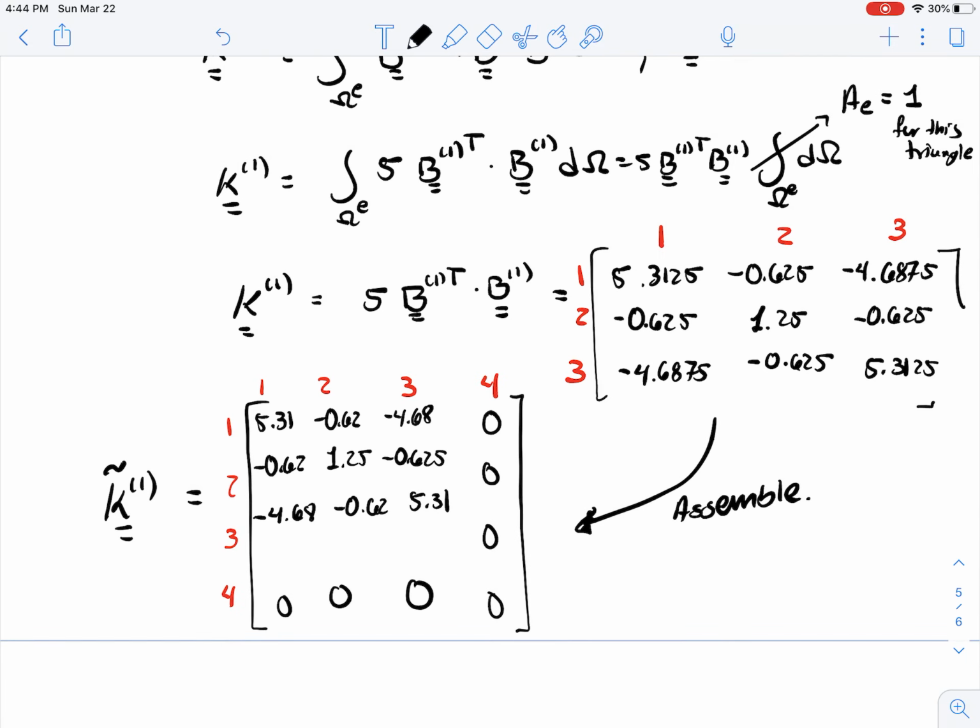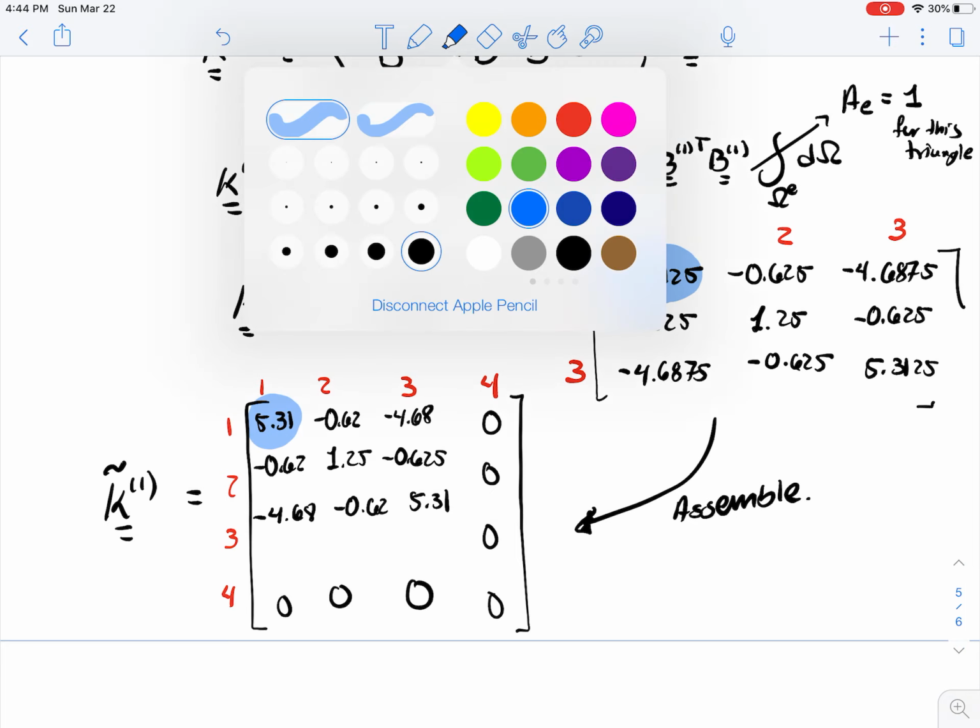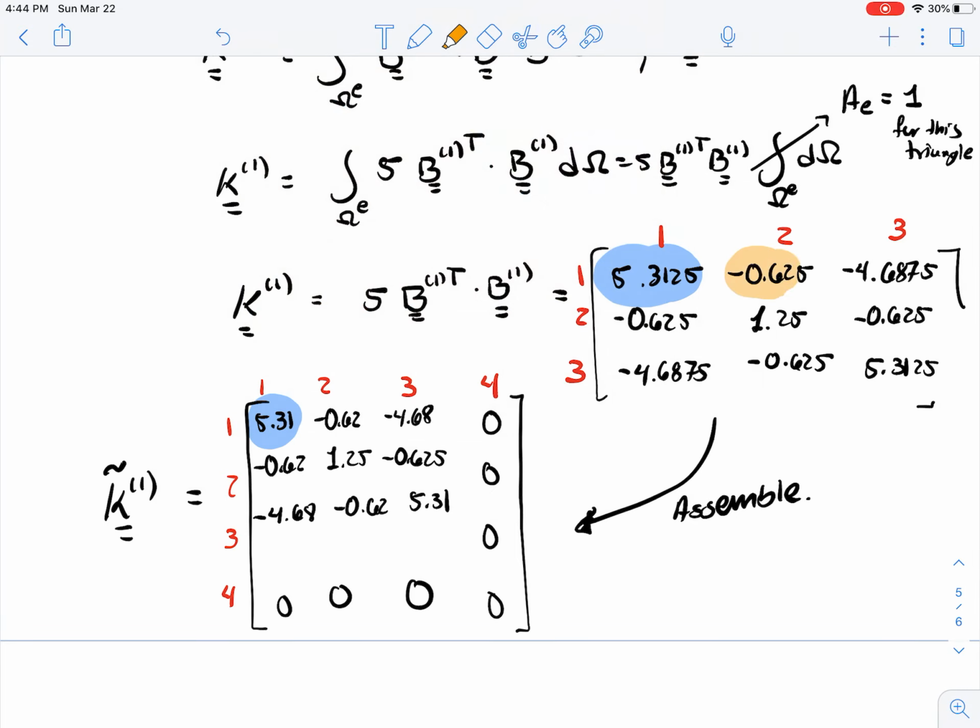The assembly is easy in this case because the numbers are 1, 2, 3. So you can see that this goes right here. This is the exact same thing that we have done before.